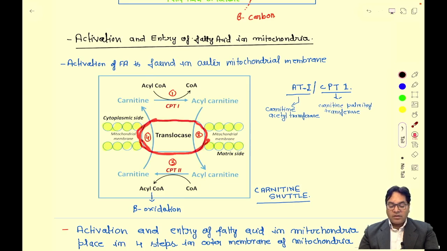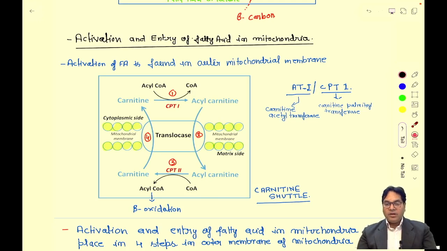This is the inner membrane of mitochondria. This is the matrix side and this is the outer cytoplasmic side of the mitochondria. The one I have shown with red markers is the mitochondrial membrane. In the membrane there is an enzyme, translocase, which transfers substances from one side of the mitochondria to the other, that means from outside to inside.